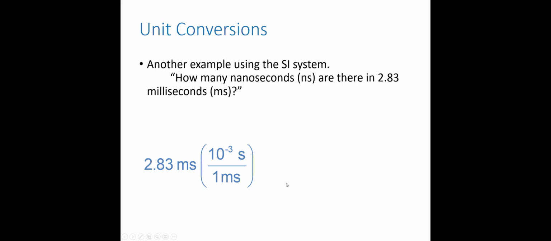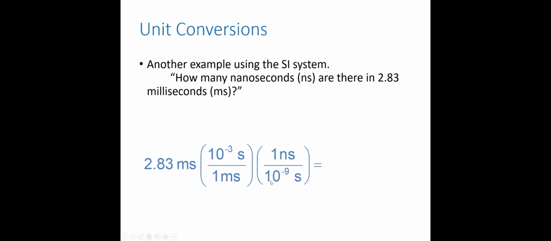Now I want to cancel seconds, so I'm going to put seconds in the denominator, and I want nanoseconds in the numerator. So a lot of people will write this upside down and get this wrong. But remember, we said a 1 goes with the unit with the prefix, so 1 nanosecond.